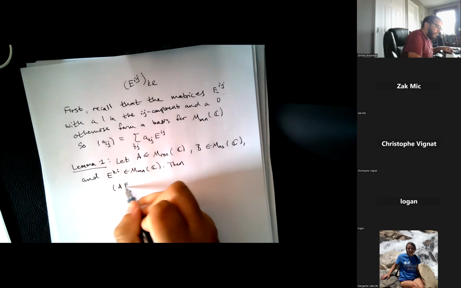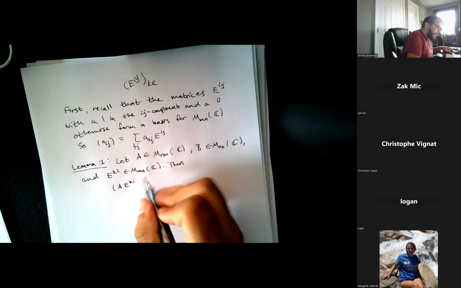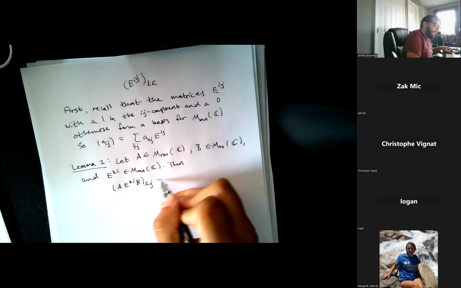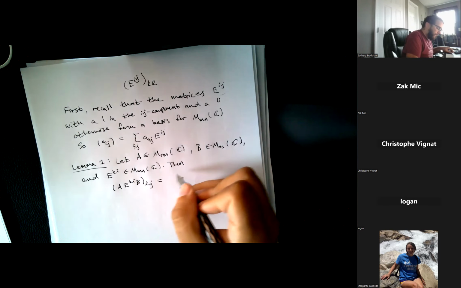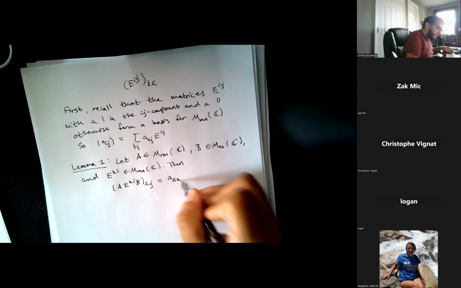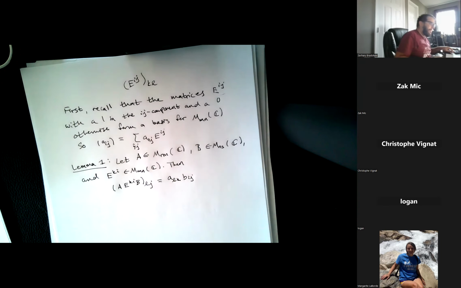Then the following equality holds. A times E_KI times B, the LJ component of the resulting matrix, is equal to A_LK B_IJ.